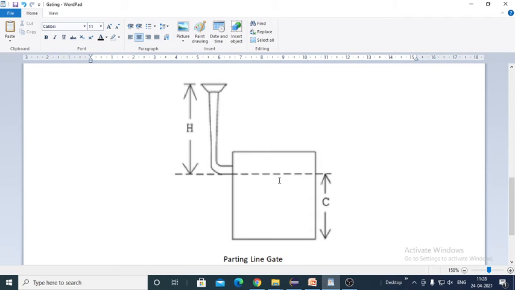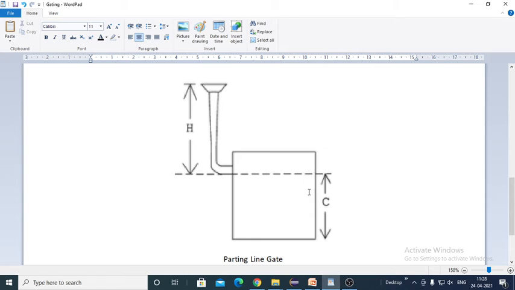Second is that this gate, here, as you know, it is easy to produce top gate and temperature gradients are favorable.